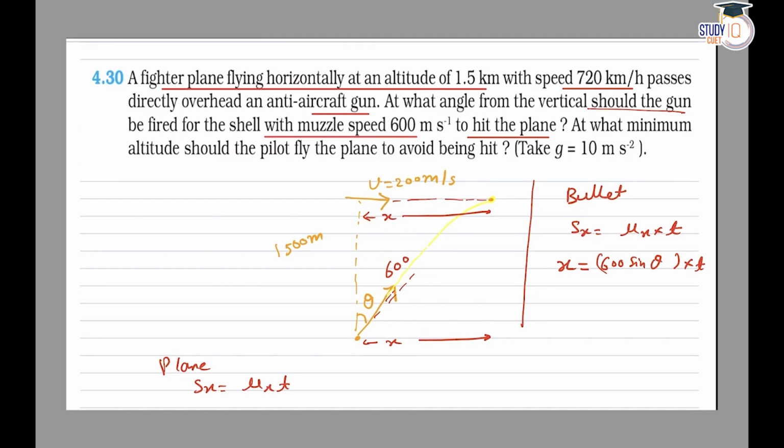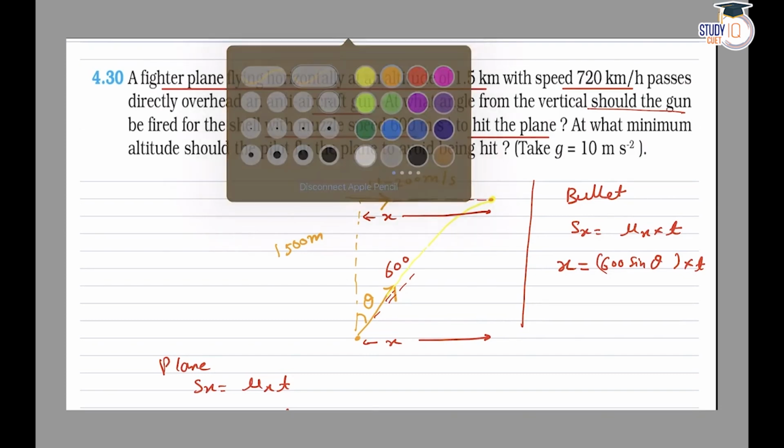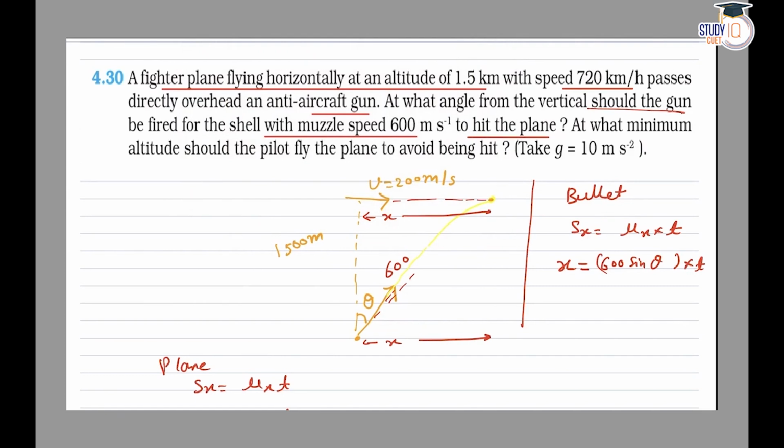The plane also has displacement x, velocity of the plane in x direction is 200, and time would be the same for both bullet and plane. Equating equation 1 and equation 2, we have 200 into t is equal to 600 sine theta into t. From this we can say that sine theta is equal to 1 by 3.